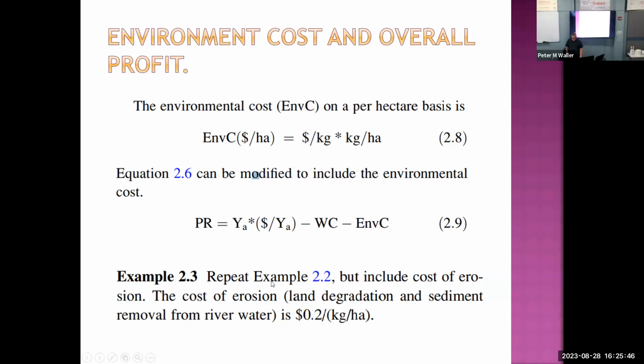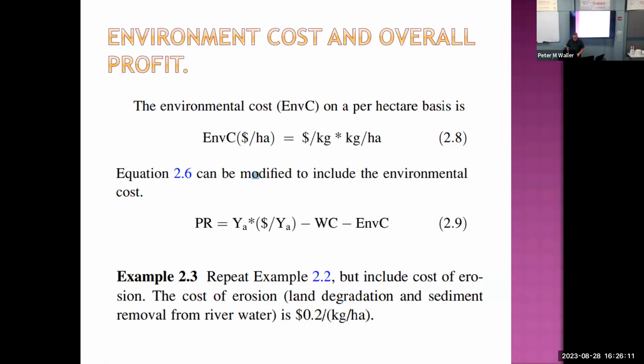So actually, I randomly assigned a cost of 2 cents per kilogram per hectare. But actually, it's written here as 20 cents, but it should be 0.002. So use 0.002. It should be 0.002.